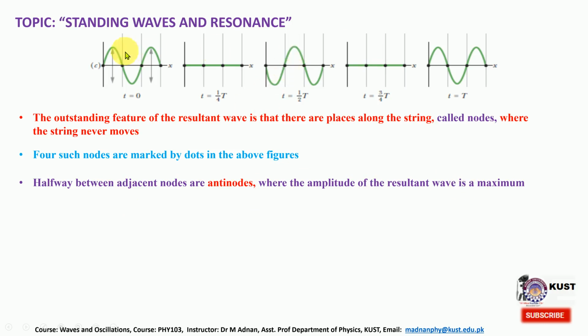These maximum amplitude points are known as the antinodes. So those points in between the nodes are performing simple harmonic motion with different amplitudes. For example, this will go up and also go down, but this point will have the maximum displacement.